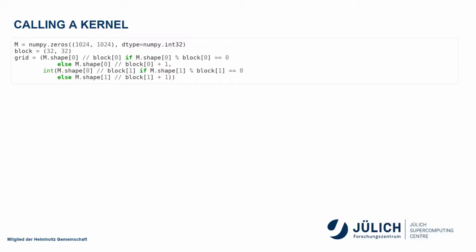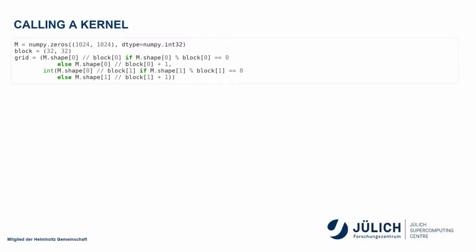Do you know the syntax with the something equal if and else? In C, C++, it would be the ternary operator. In Python, it's actually written like this.